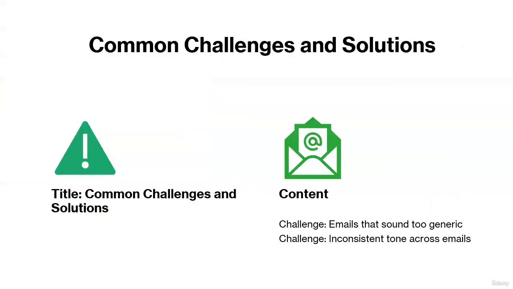Common challenges and solutions. Using ChatGPT for email preparation, sometimes we face different challenges, but they can be easily managed. Challenge: emails that sound too generic. The solution is to provide more detailed prompts and add personal touches to the content. Another challenge might be inconsistent tone across emails.